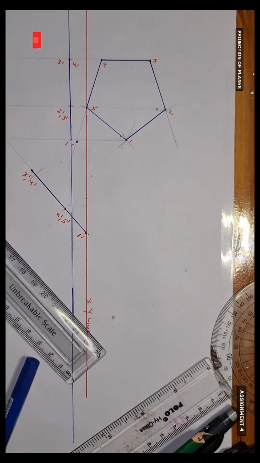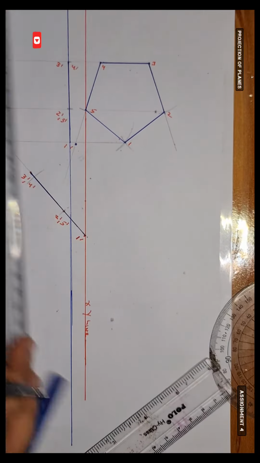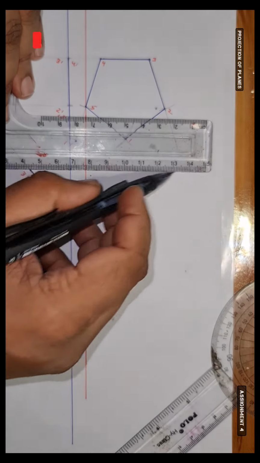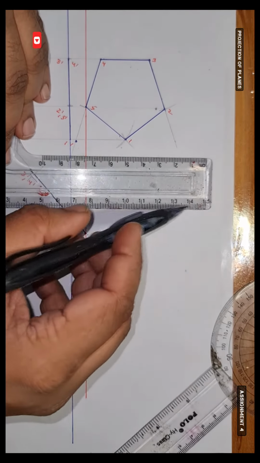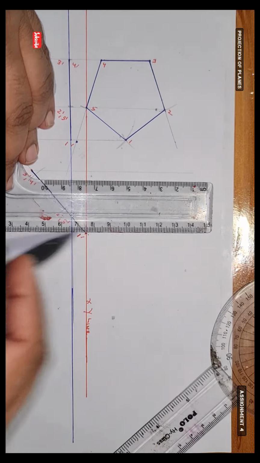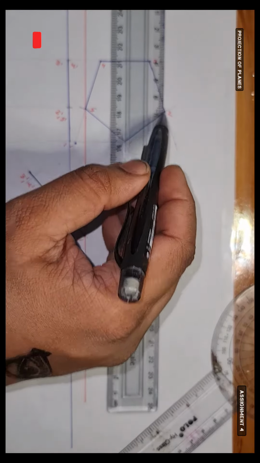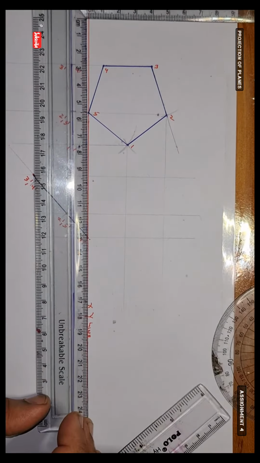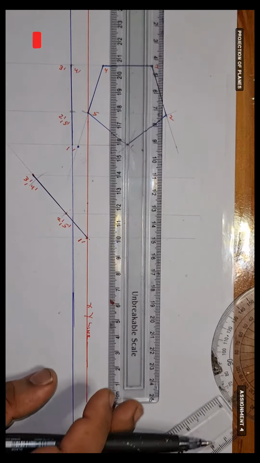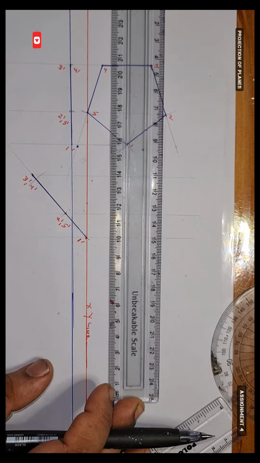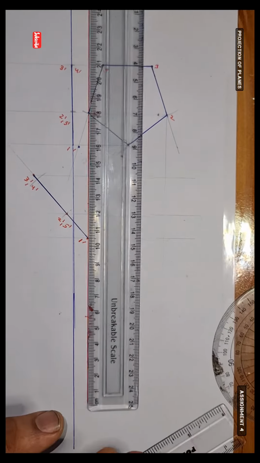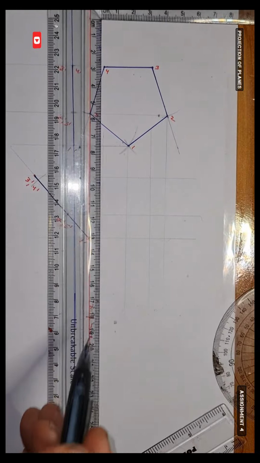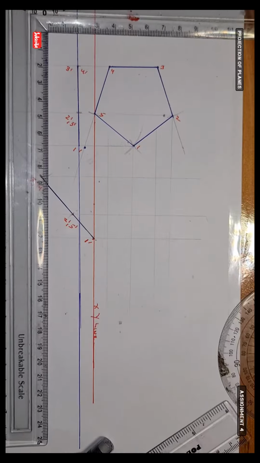Similarly, we have to lift these points on the upper side. And make a parallel line to these levels, to this point, because it remains in the same level. The plane level would not be changed.